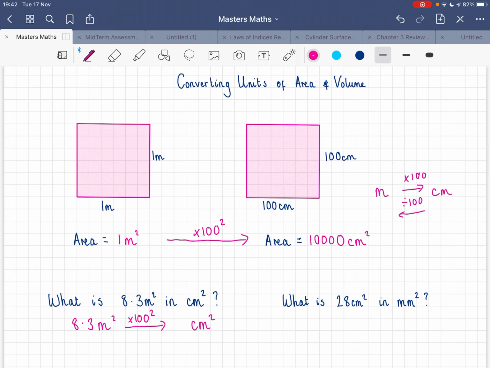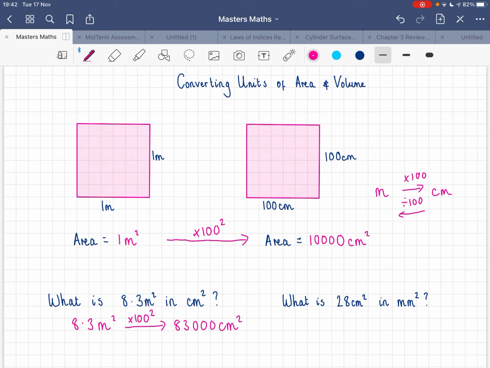So we have to multiply it by 10,000, because 100 times 100 is 10,000. So that would be 83,000 centimeters squared, because we're having to multiply by the linear scale factor squared.